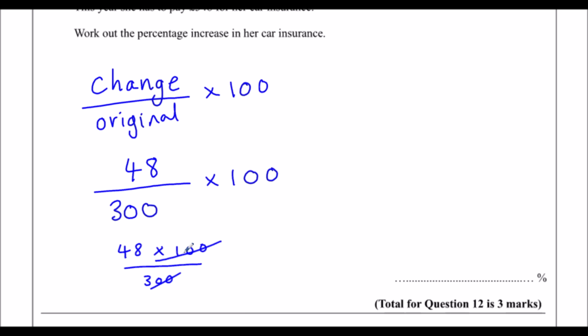So it's just 48 divided by 3. And how many 3's go into 48? 1 3 goes into 4. 6 3's go into 18. So it's 16. So 16%.